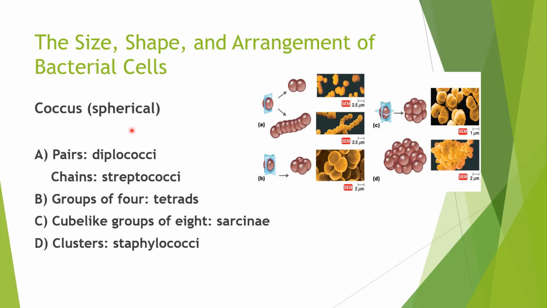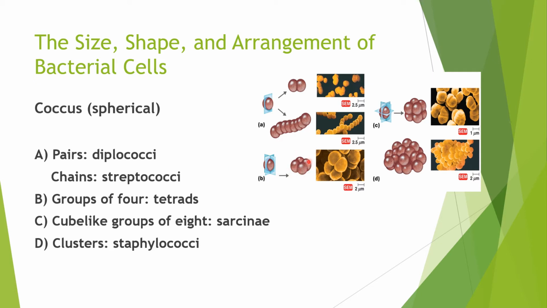When a bacteria looks spherical, we call it coccus. Coccus is singular. Cocci would be plural. If there are two attached to each other, we refer to it as diplococci. If it's a chain of spherical bacteria, we refer to it as strepto, so it would be streptococci.